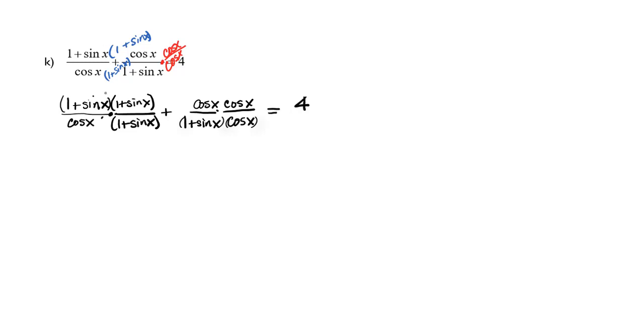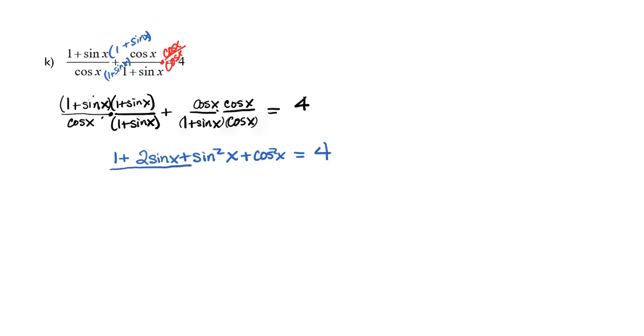Now if I multiply these two binomials together, 1 plus sine of x squared is 1 plus 2 sine x plus sine squared x, plus cosine squared x equals 4 on the right hand side.